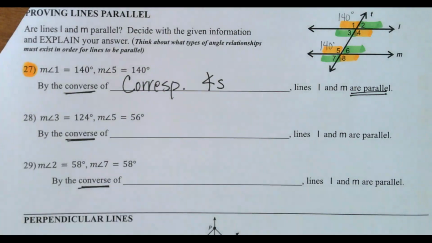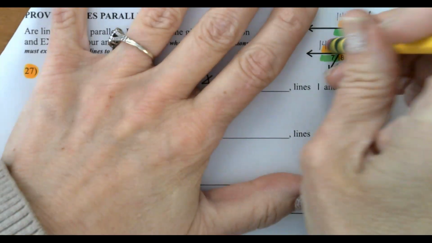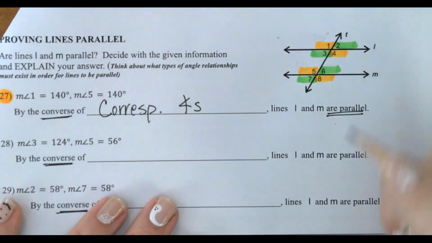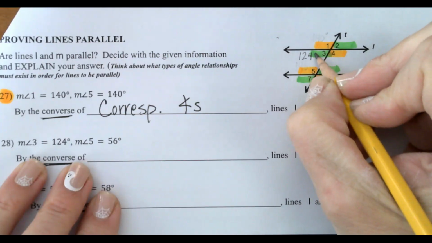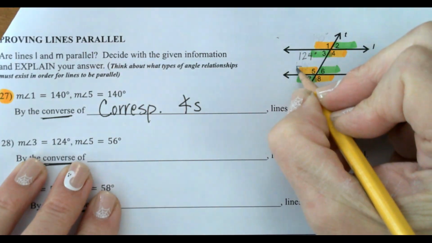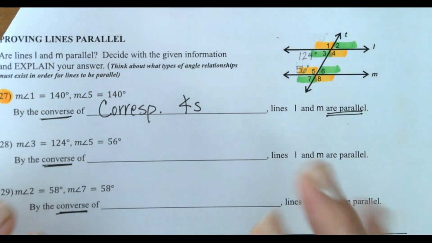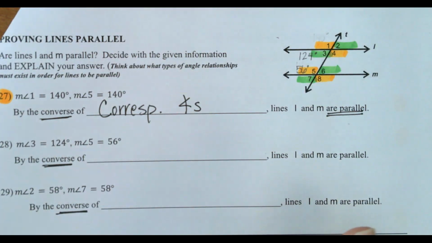How about angle 3 and angle 5? Oh, angle 5 changed. I'm going to get rid of my 140s. I don't want them to confuse me. So angle 3 is 124 and angle 5 is 56. I know one looks obtuse and I know the numbers don't match the sizing.